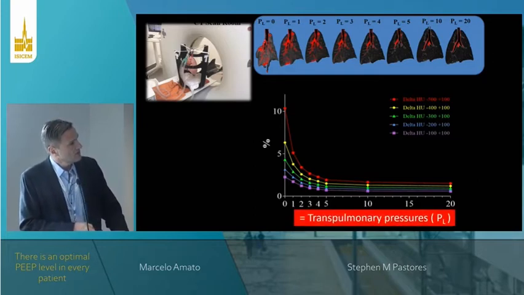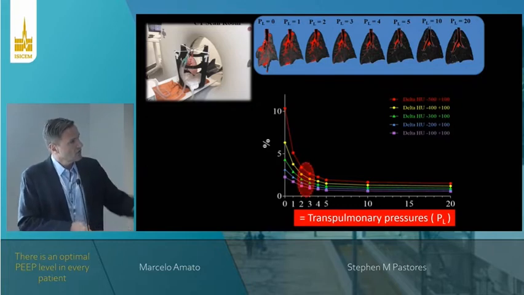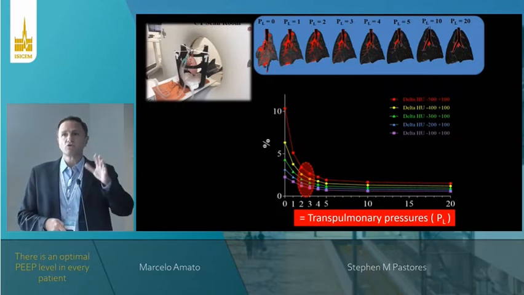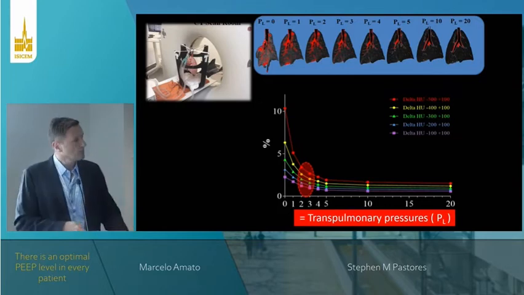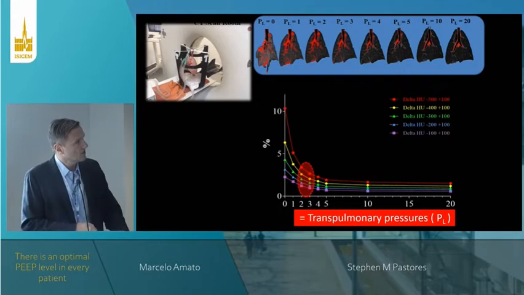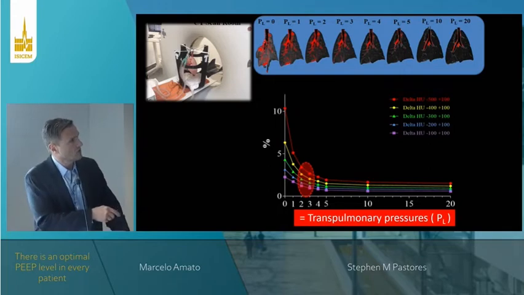As you can see, there is absolutely no lung collapse except when you are below this threshold of +2 or +3 of transpulmonary pressure, a very sharp threshold, and you start to see many red dots.